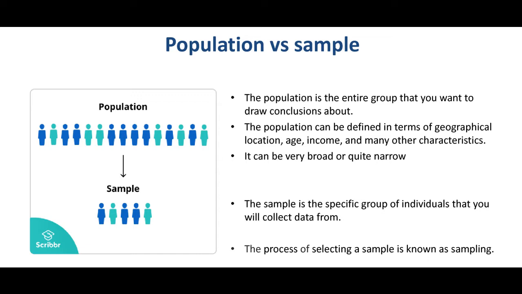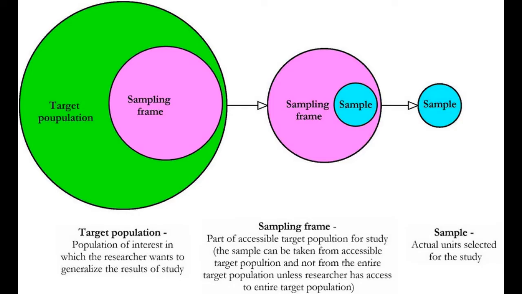If the population is very large, demographically mixed, and geographically dispersed, it might be difficult to gain access to a representative sample. The sampling frame is the actual list of individuals that the sample will be drawn from. Ideally, it should include the entire target population. For example, you are doing research on the working conditions of employees in a certain institution.